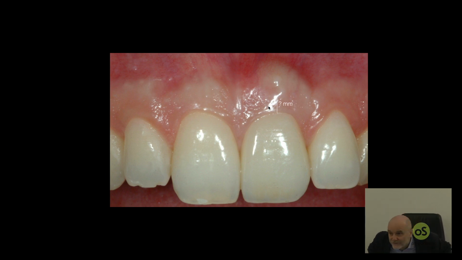Absolutely not. We know that at the level of the tooth, in the healthy situation, the connective tissue fibers of the gingiva insert into the root cementum and become part of the extrinsic fibers of the root cementum. So it is really a fibro-integrated structure in the mineralized tissue of the teeth, which is called root cementum. It's called connective tissue attachment.